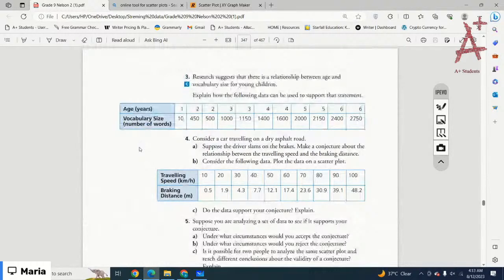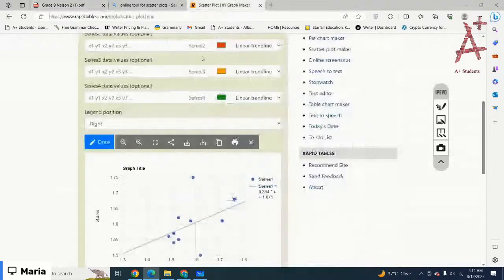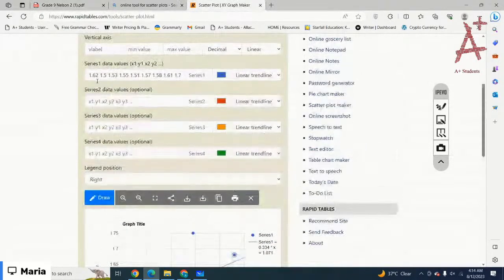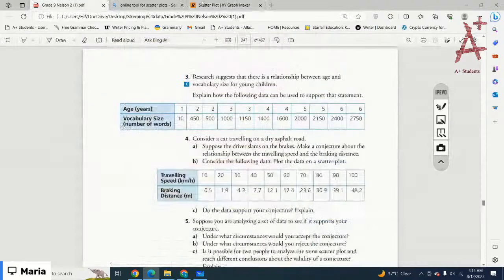Okay, let's make a scatter plot of the given data.